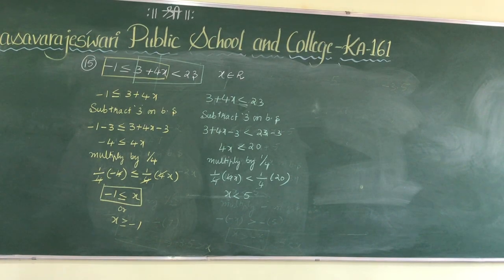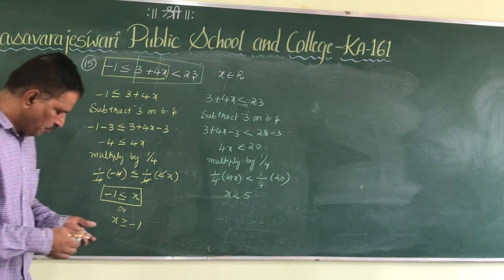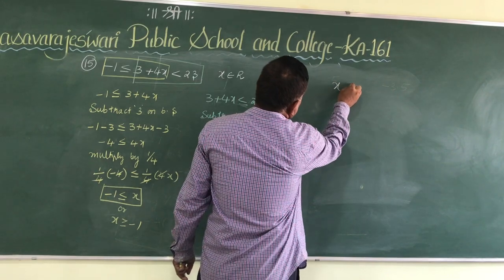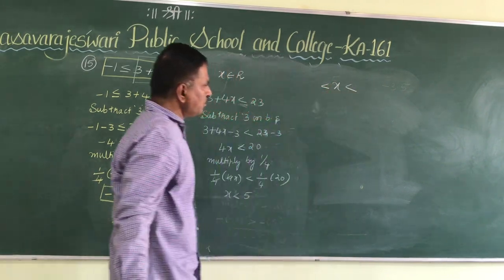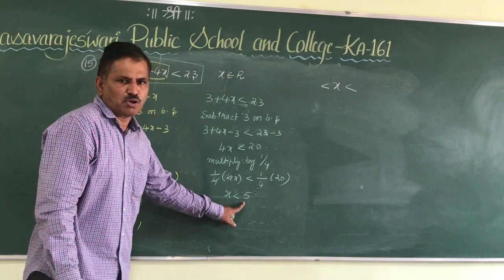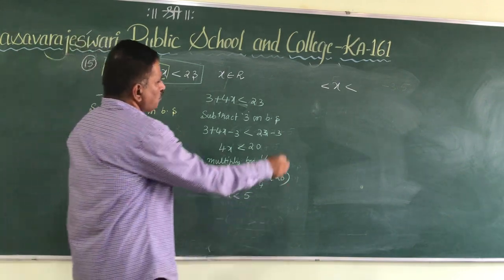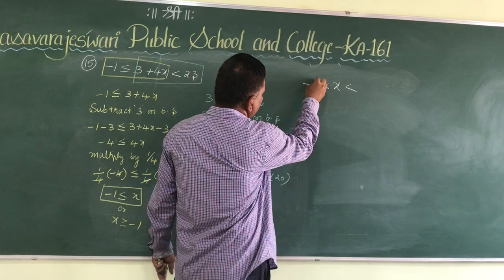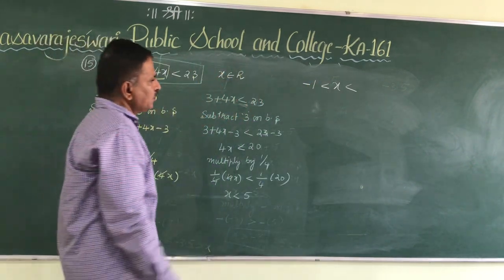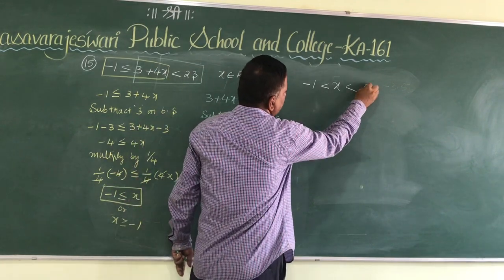So you have to draw the values which are present between minus 1 and 5. So therefore, x here, the lesser than symbol on the other side. So minus 1, 5, which is the smaller value? Minus 1. So minus 1 you write on the left side of the x, and 5 is greater, you write on the right side.